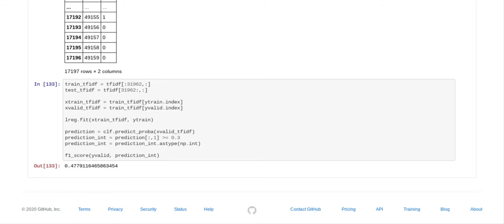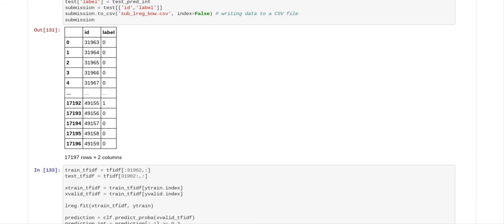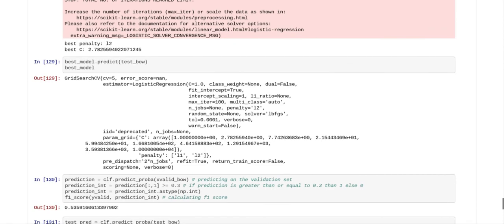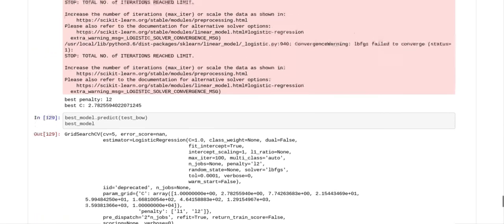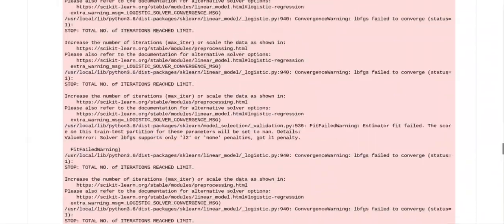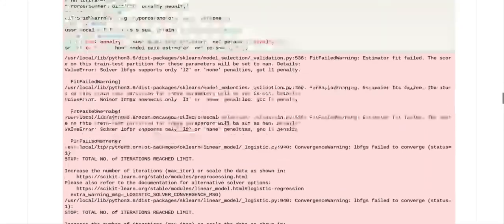And when I submitted this submission file to Analytics Vidhya, I got 56%, which is a 2% increase over my original 54%. So basically, I just wanted to show my viewers what I did to increase my score by 2%. So I was using GridSearchCV to increase the score by 2%, which means a lot when you're entering competitions.